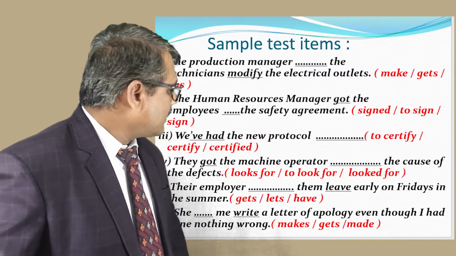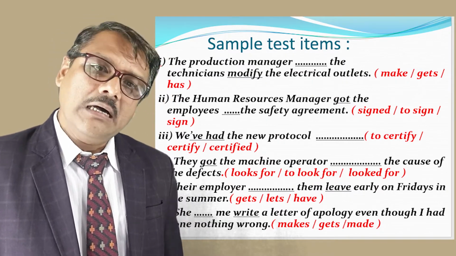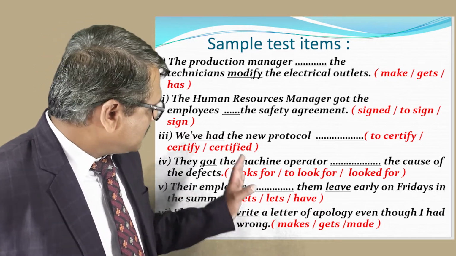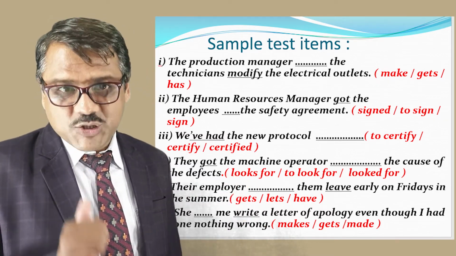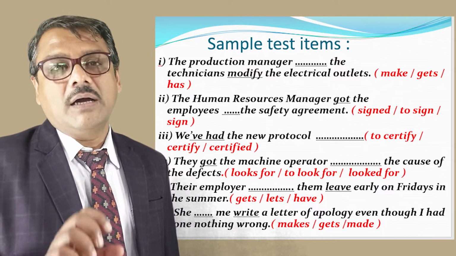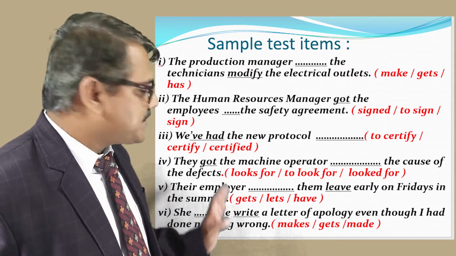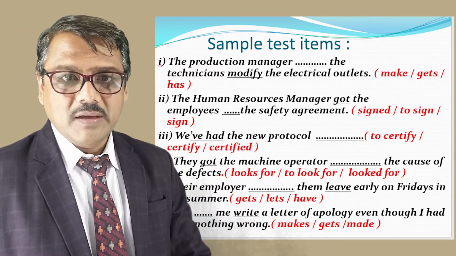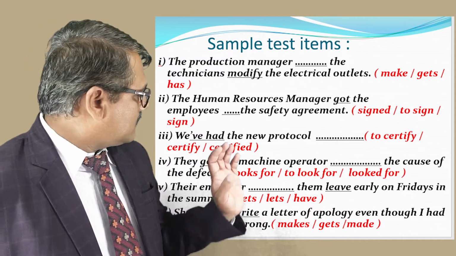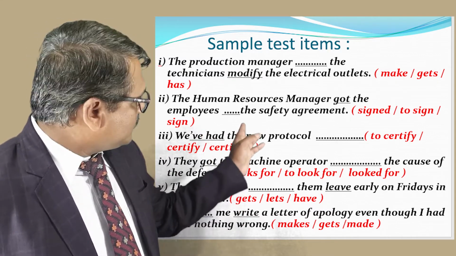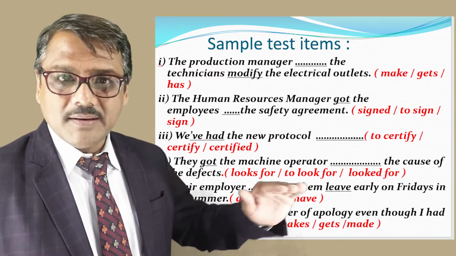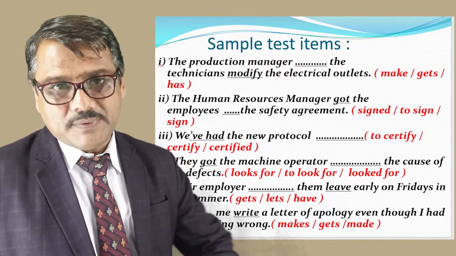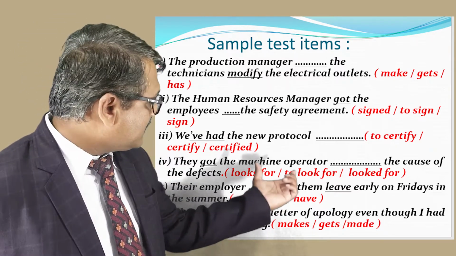Dear students, before starting the lesson, I'd like to request you to be ready with this one, because in the examination, in the test papers, you will be asked questions in this form. You will be given a sentence, and the part shown as blank you have to fill up with the suitable word, and the words are given in the bracket.